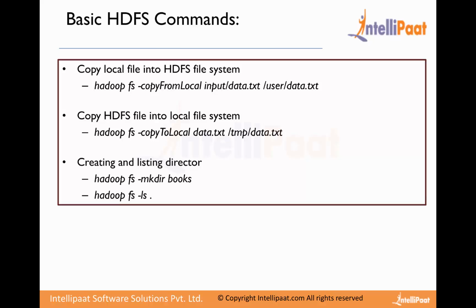Input slash data.txt is your actual text file, and slash user slash data.txt is where you're going to copy this file. You're reading a file from your folder called input, the file is data.txt, and copying it into the HDFS file system under slash user, with the file name data.txt.